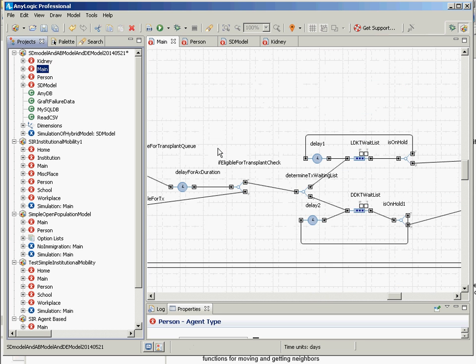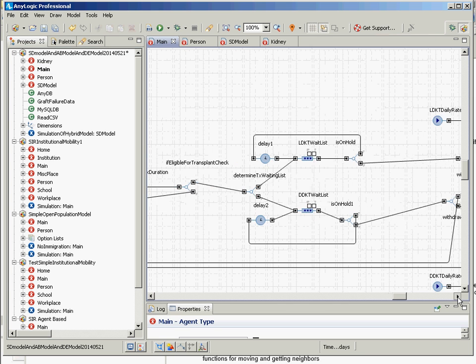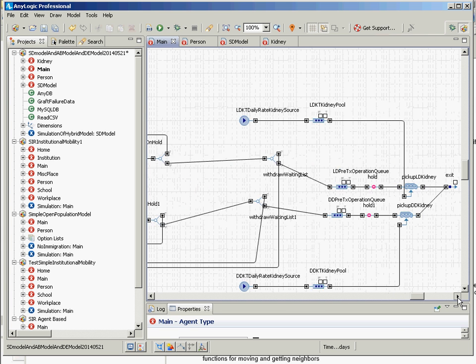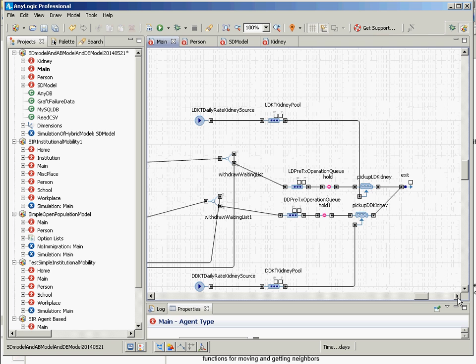Eventually, if they are healthy and they survive, and if there's a willing donor or a deceased donor that has been willing to give their kidney, they will actually be provided with a kidney. The kidney will be transplanted into them, and they will then, as a result, flow back into this transplant state.